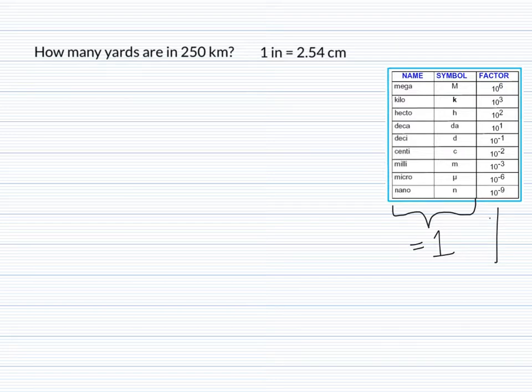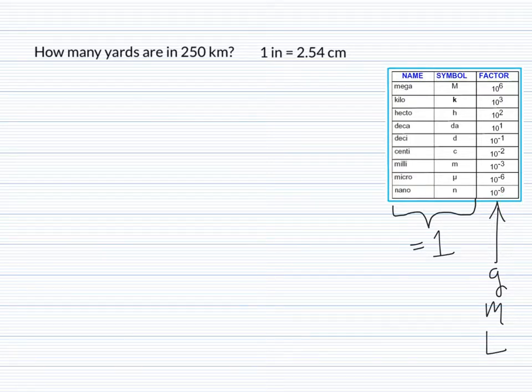All of these numbers we're going to use to represent our base values, which is going to be grams, meters, or liters. So essentially what this chart is telling us is that one of these is equal to this many of our base unit every time.